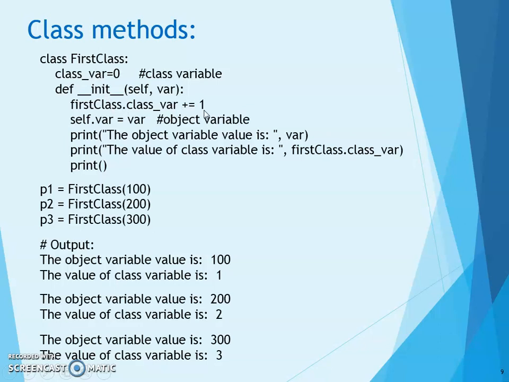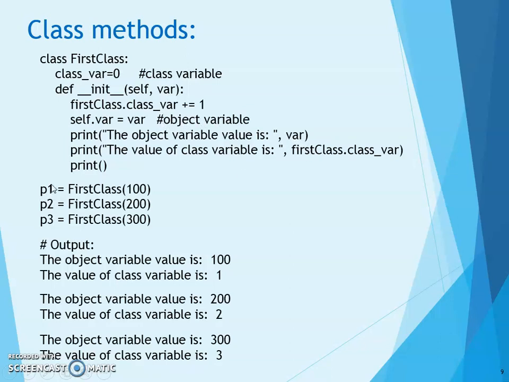So it is equal to plus 1, that is incremented by 1. Now this self.var that we are accepting here, that is the object variable, is equal to var. So classvar is a class variable and var is an object variable, and we are printing both these values.